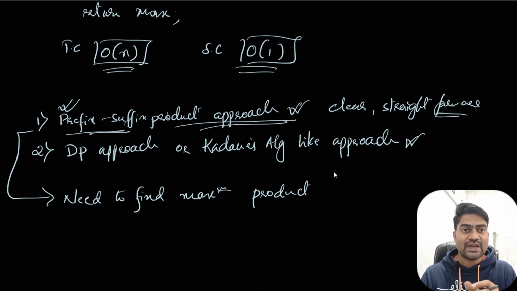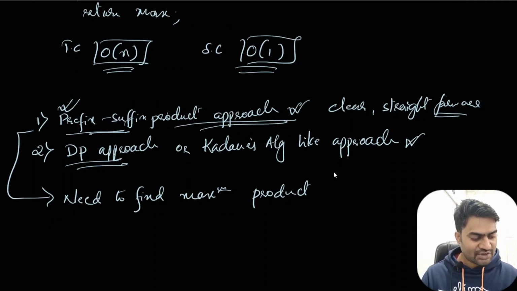We really don't know when the array which contributes to the maximum product starts. So that is highly not possible in the first approach. But in the second approach, you can find when the subarray starts contributing to the maximum product. So we can see that maybe in a minute from now.